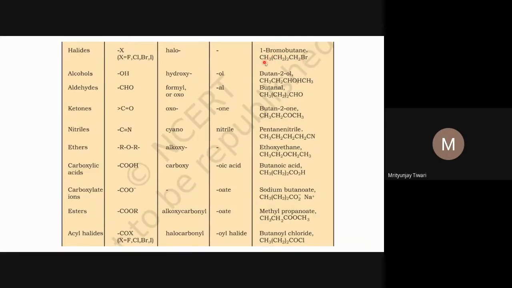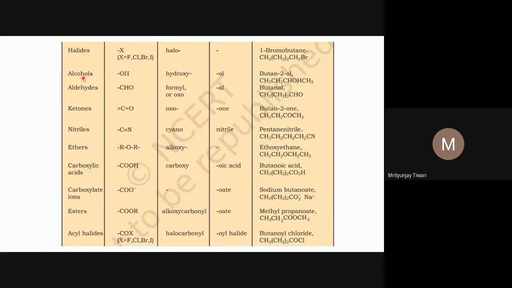The bromo group is at the first carbon atom. How this name came, we'll see in IUPAC nomenclature; I'll explain these names once again later. If bromine is there, it is bromo; fluorine is fluoro, chlorine is chloro, iodine is iodo.